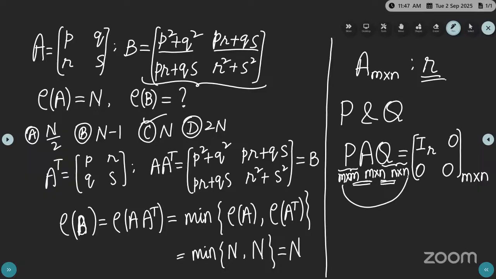There exist two non-singular matrices P and Q such that P into AQ equals [I_r 0; 0 0]. This is nothing but the normal form.